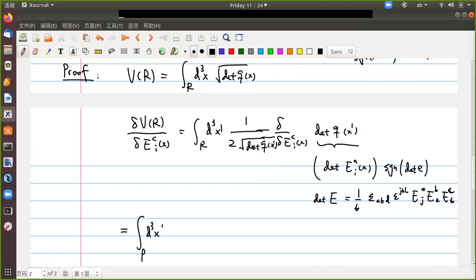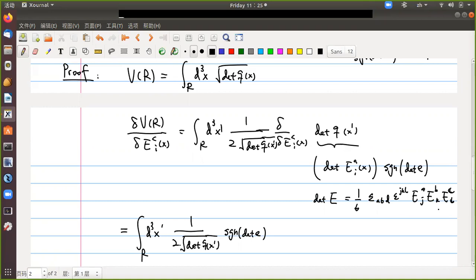You pull out the sign factor. And now you let your derivative act on those three E's.